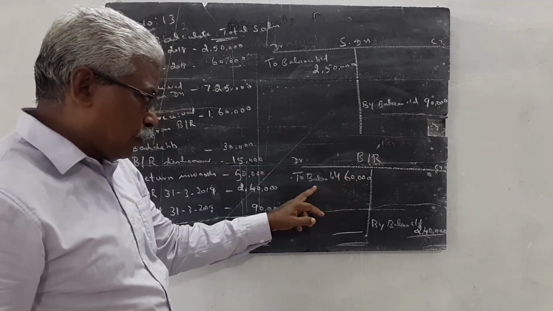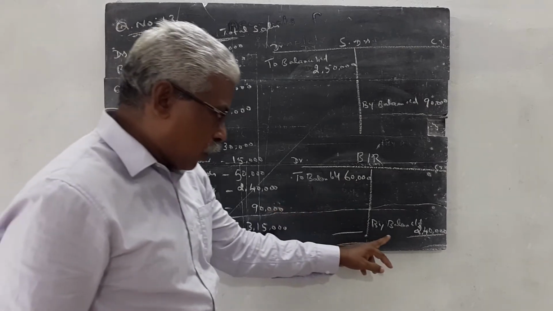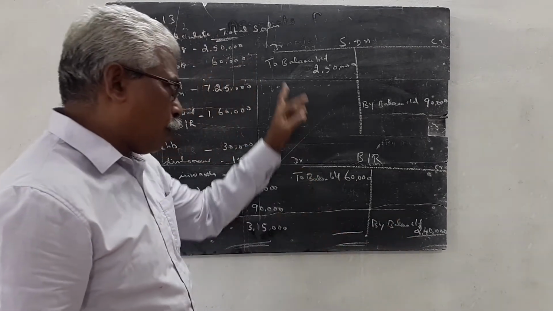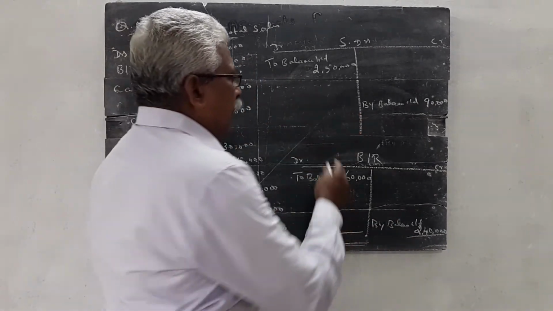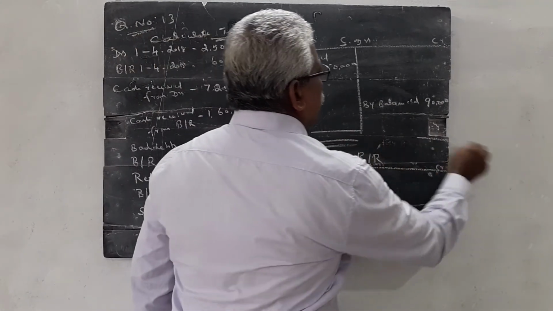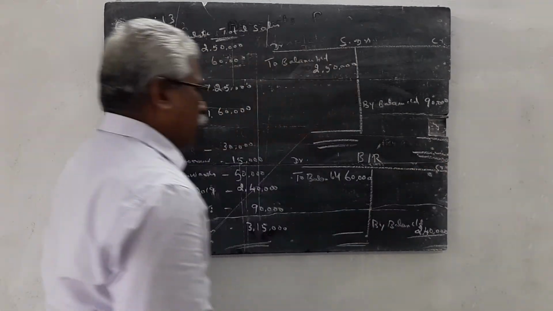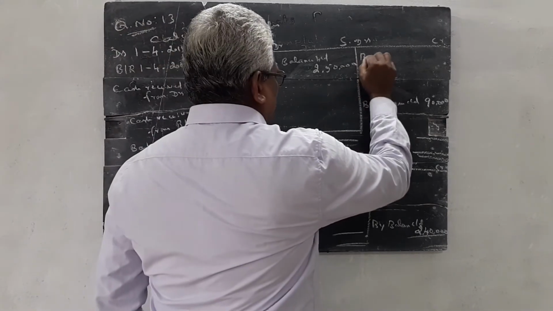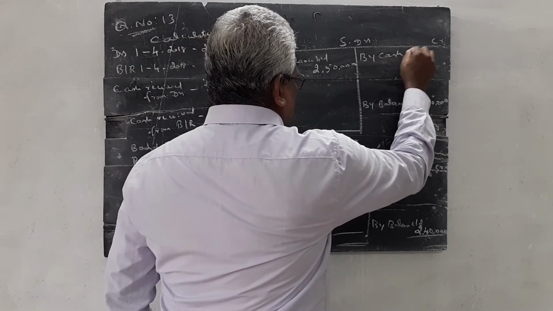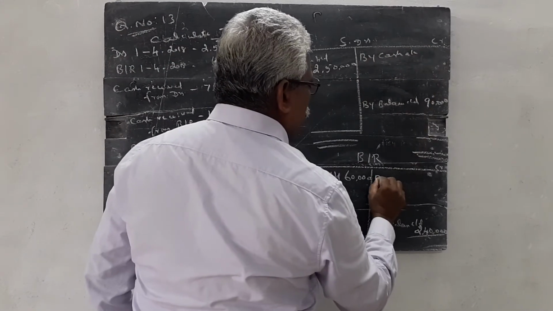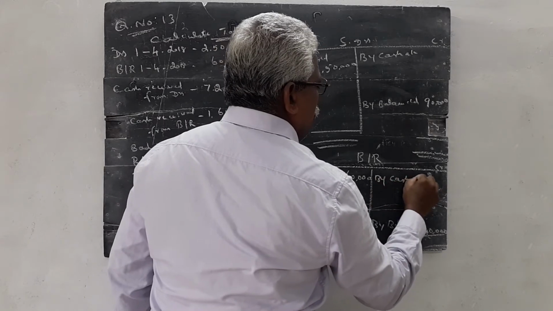First we write the opening balance and closing balance in sundry debtors account as well as bills receivable account. Opening and closing balance is entered here, and draw two lines. Then cash received is entered here by cash account. Here also by cash account.